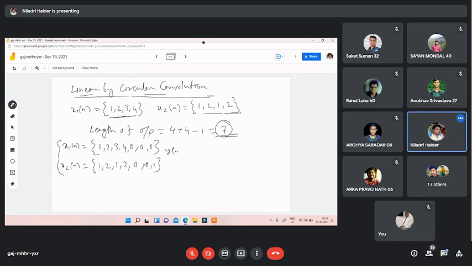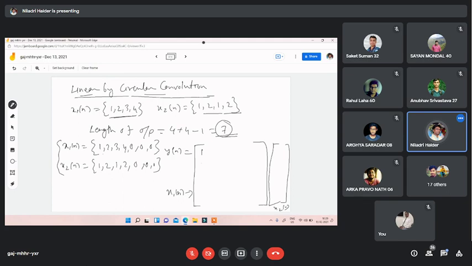So yn simply will be: put the x1n here and put the x2n here. You will get your yn. So x1n is 1, 2, 3, 4, 0, 0, 0.